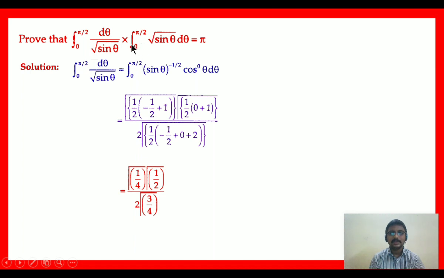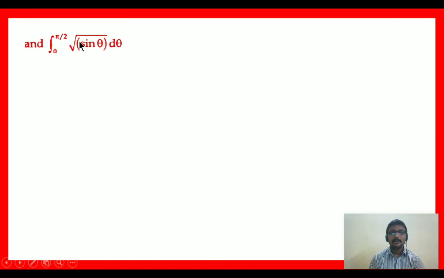Now computing the second definite integral in the same way. In the second integral, root of sine theta means sine power 1 by 2 theta. For our convenience we can write cos power 0 theta because the comparison is easy. That is compared with integral 0 to pi by 2 sine power m theta cos power n theta d theta. What is m here?